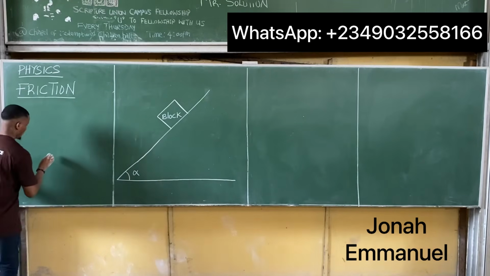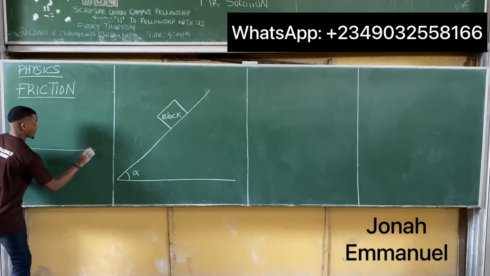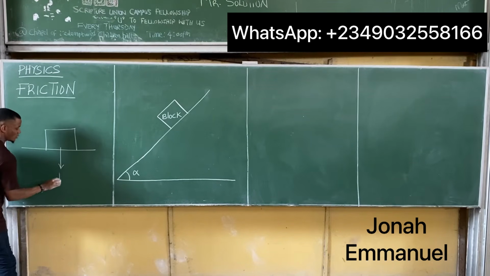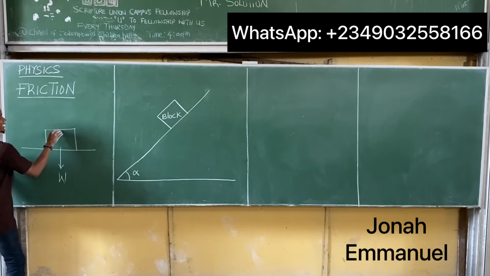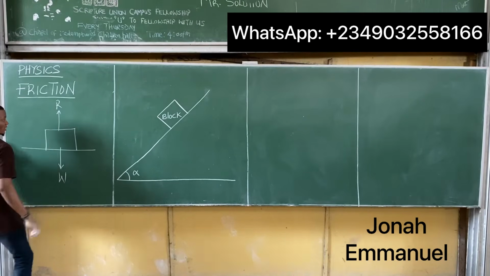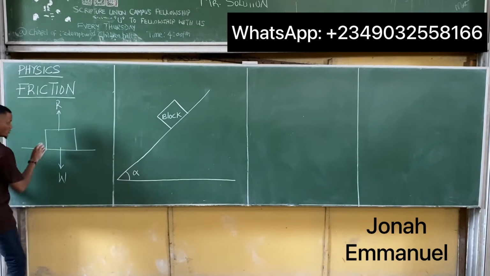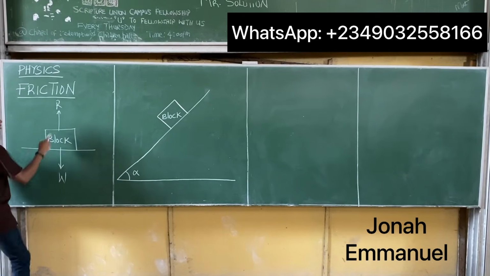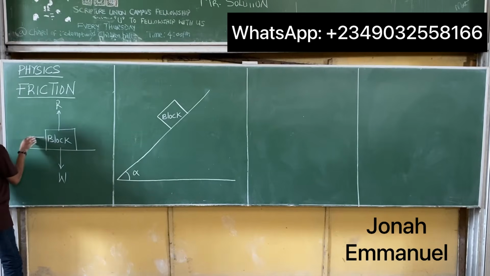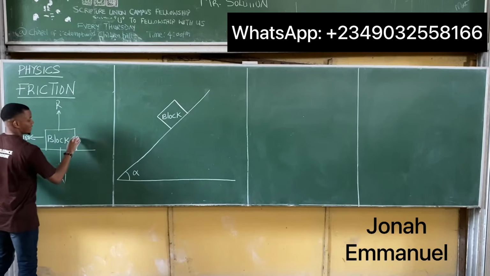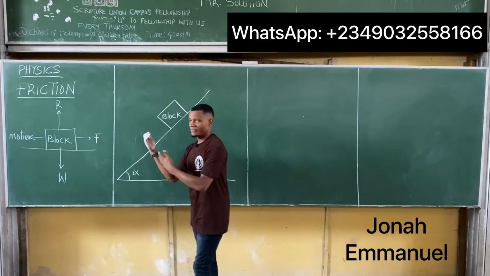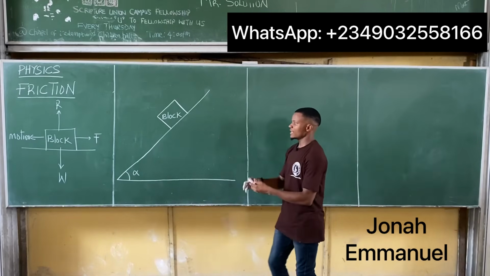We said when a body is placed on a surface, as in this case, what acts here is called the weight. What acts here is called normal reaction. Here, they call it a block. So perhaps, let's say when a block is placed, weight acts this way, reaction acts this way. We said if this is the motion of the body, here is the frictional force. So we established this fact in our previous conversation. So let's use this idea here.